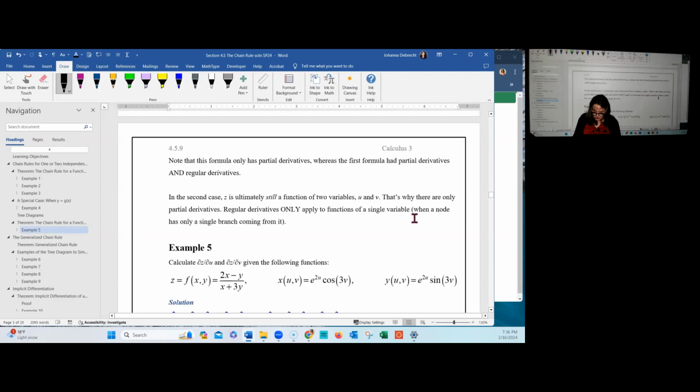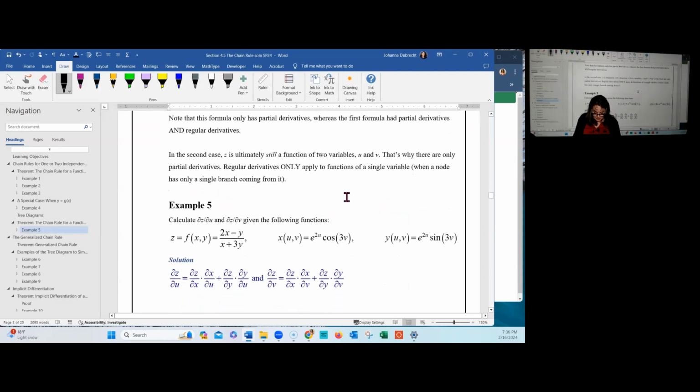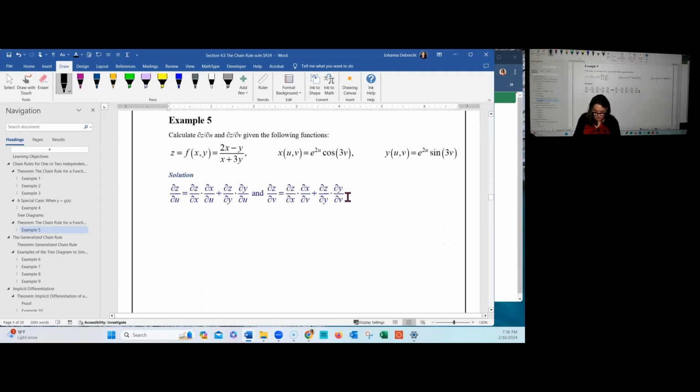Let's now take a look at example 5. In example 5, we have z as a function of two independent variables, x and y, given by the rational function 2x minus y divided by the quantity x plus 3y.